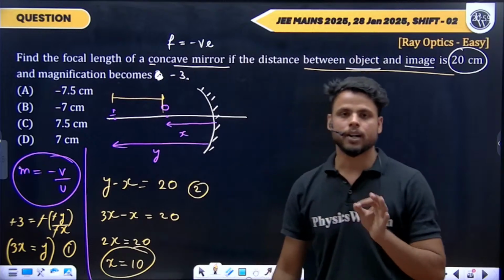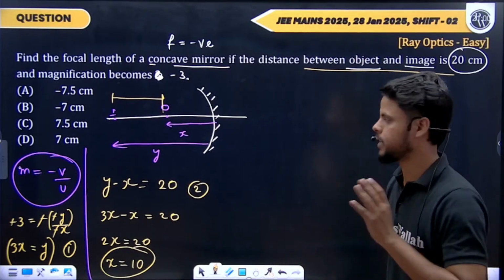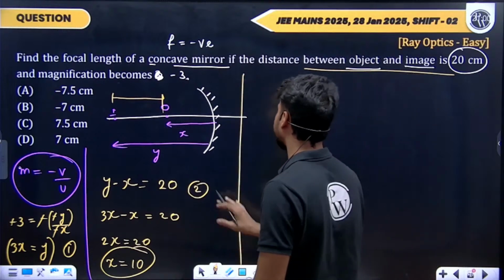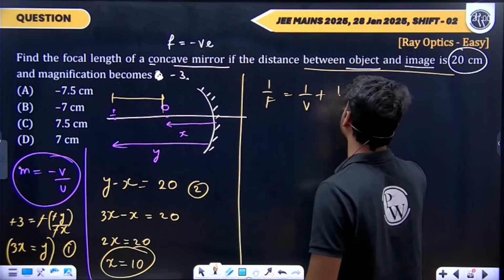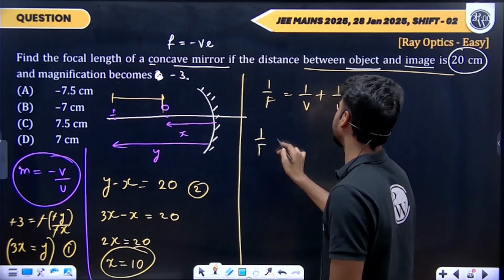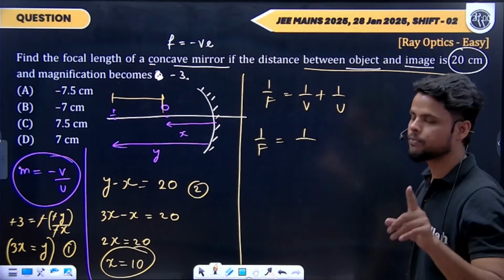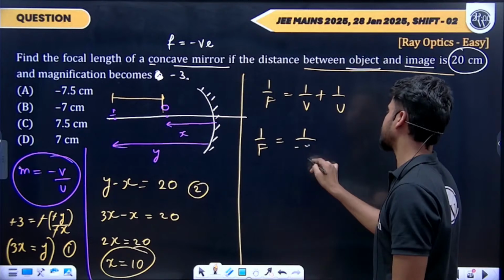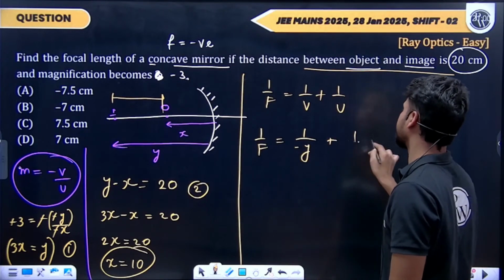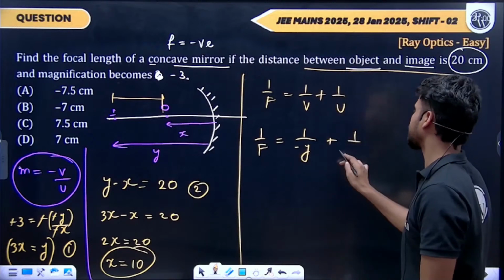And x and y both are only magnitudes, but we have to put them with proper sign. So we can say that after applying the mirror formula, 1 upon f equals 1 upon v plus 1 upon u. So 1 upon focal length will be 1 upon image distance. Image distance is y, but with the help of proper sign we can say it is minus of y. Object distance is x, but with proper sign convention we will write it minus of x.